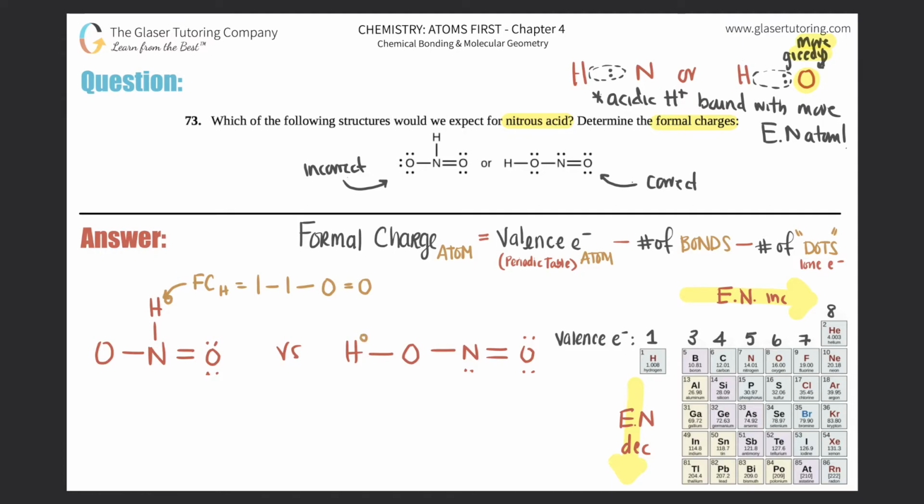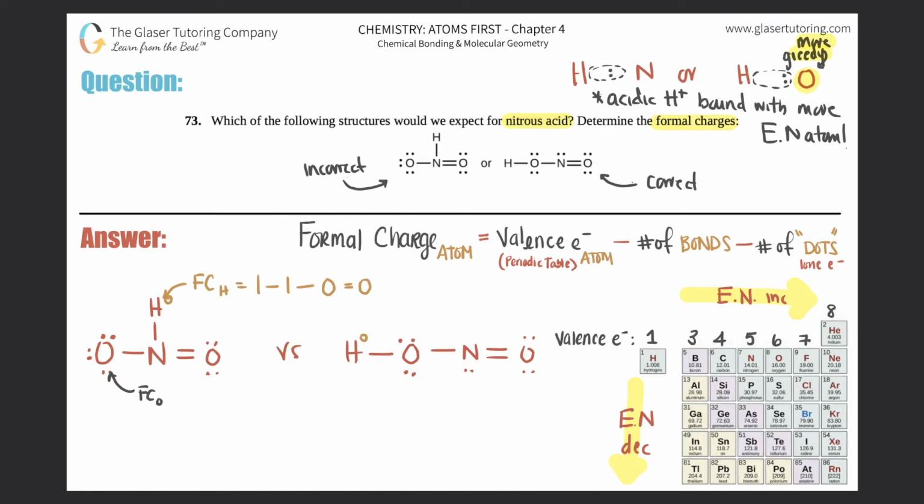Now let's move on. I just realized that I didn't put lone electrons around this oxygen, and there you go. Oh, and I didn't put one around this one as well. Okay, so let's do this oxygen now. It seems like this one has 1 bond, and there's no other one that's the same as this oxygen, so let's just do this oxygen.